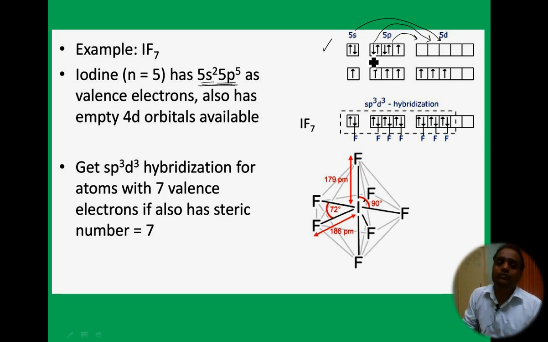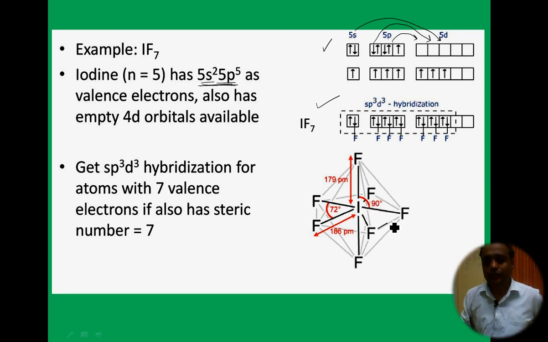So one from 5s and then 2 from 5p will migrate to the 5d orbitals, and it will form 7 hybrid orbitals, that is sp3d3 hybrid orbitals. In each orbital there will be a fluorine. So all these 7 electrons are shared by these 7 fluorines, okay, and thus it will show a pentagonal bipyramidal shape.